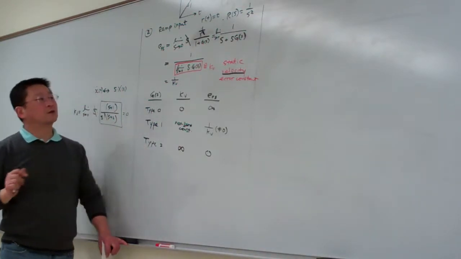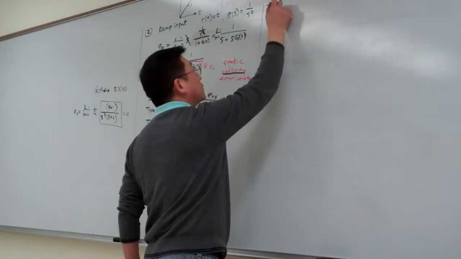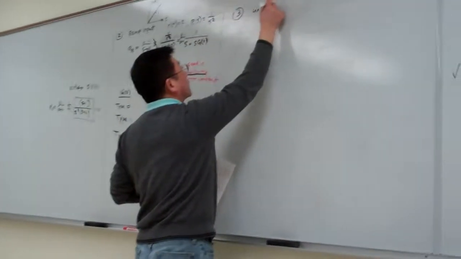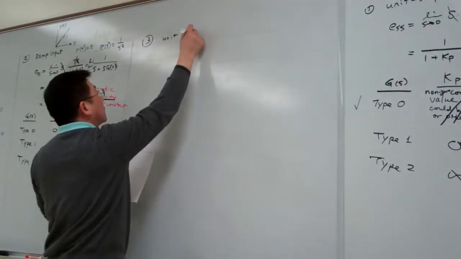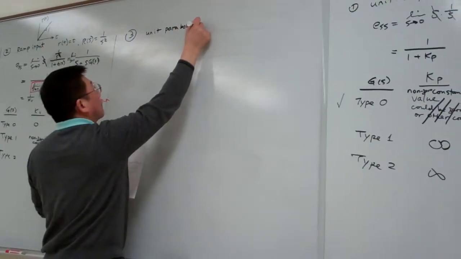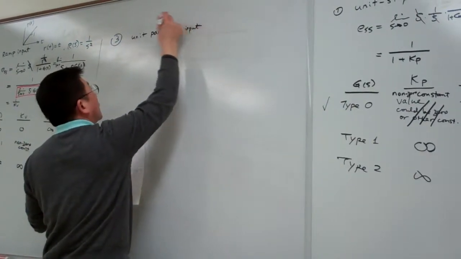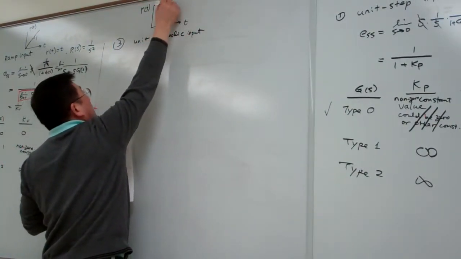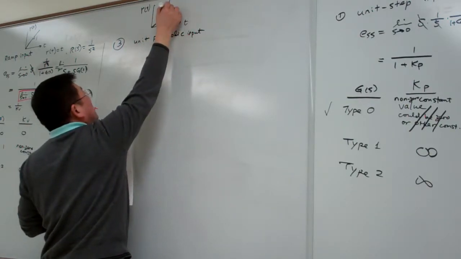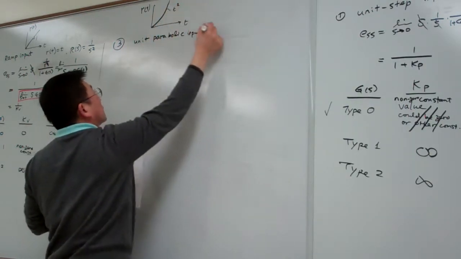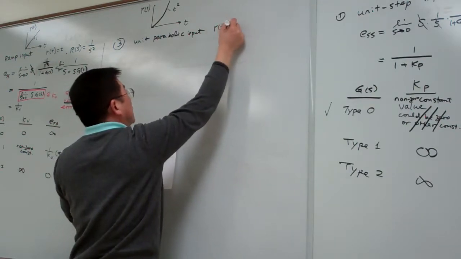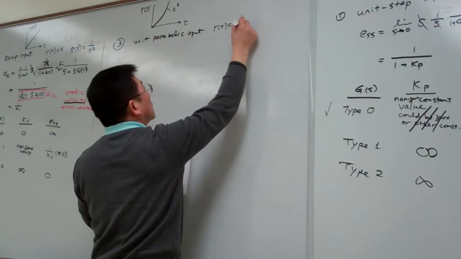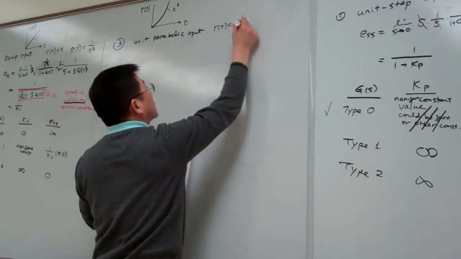Okay, so now we continue to 3, and that is the parabolic input. So that is T, and R(t) will be something like this, T squared. Okay, so R(t) equal to t squared over 2.